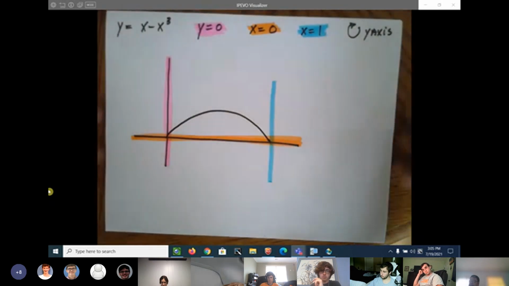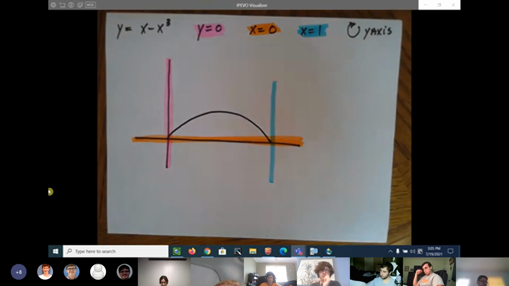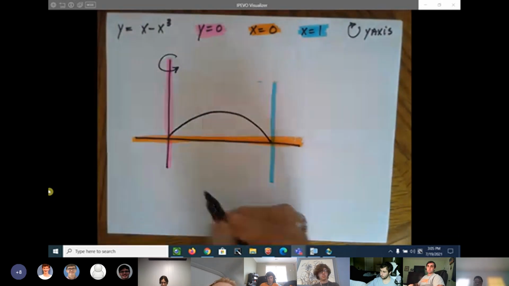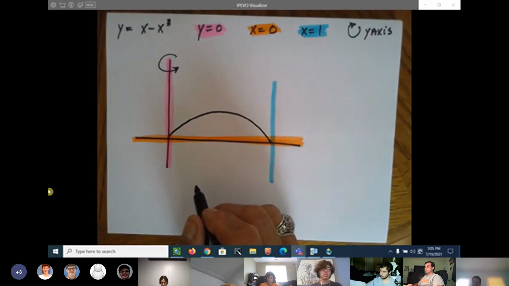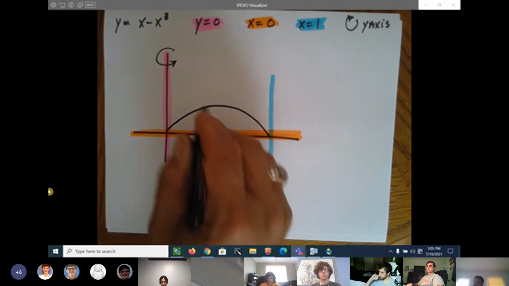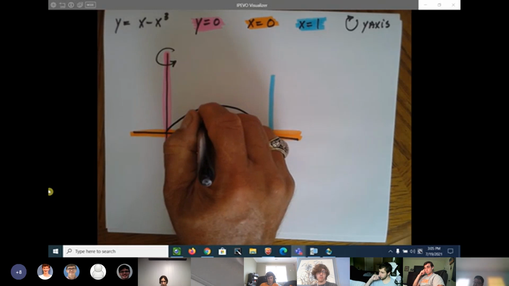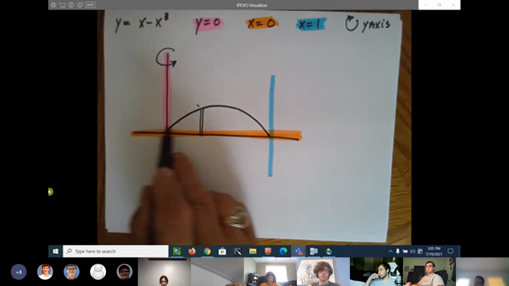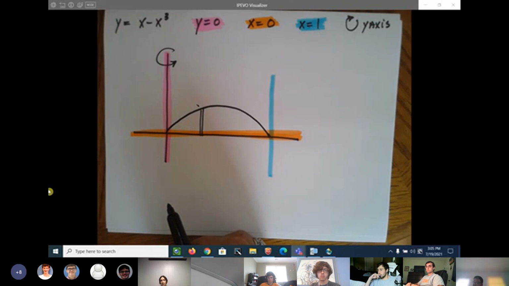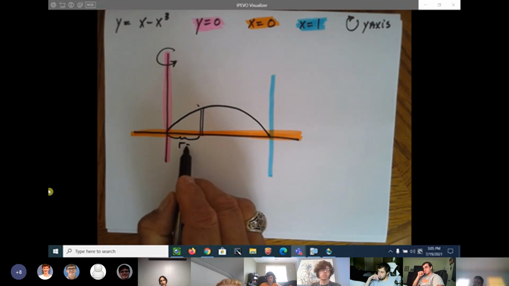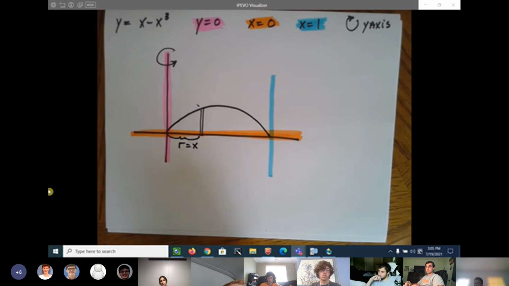So we're revolving around the y-axis, which is usually the way that you do a shell. So it looks like the one we just did for an example. You're going to be going around like that. So this is your r is equal to x.